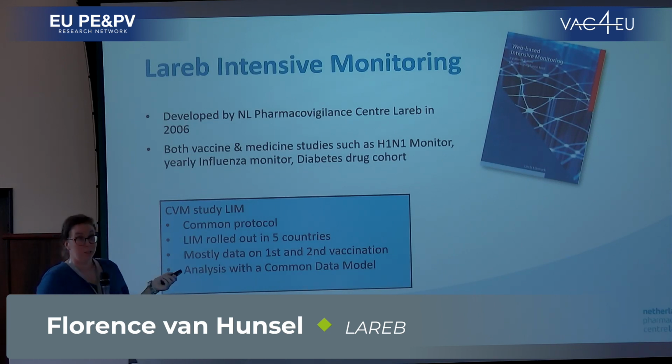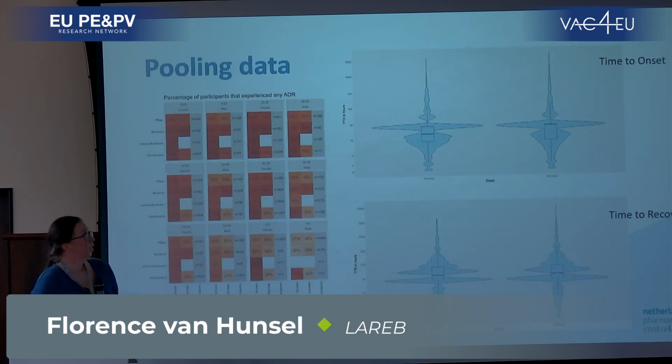So for this study, one of the advantages was that we rolled it out in multiple countries with a common protocol. There were 5 countries using this system. We had mostly data on first and second vaccination, and we used a common data model for the analysis. So what can you then do? This is something that we're working on currently.